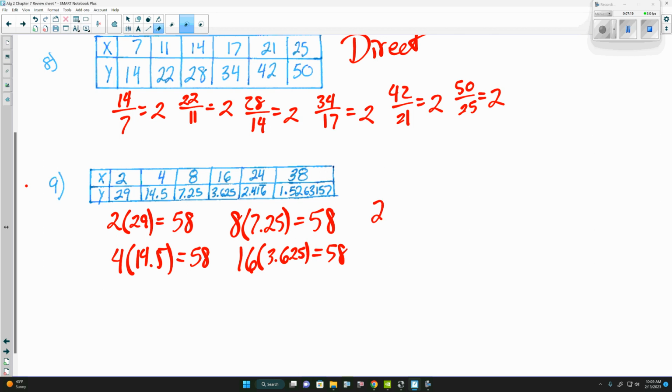And if we do 24 times 2.416 repeated, we get 58. And if we do the last one, we'll get close enough to it. I probably should have stopped at this one here. But what is this one going to be? The rest of them are going to be 58, which means it's what? Inverse.